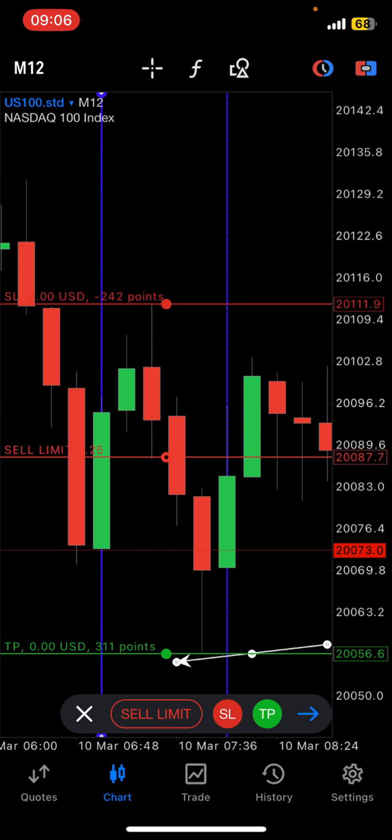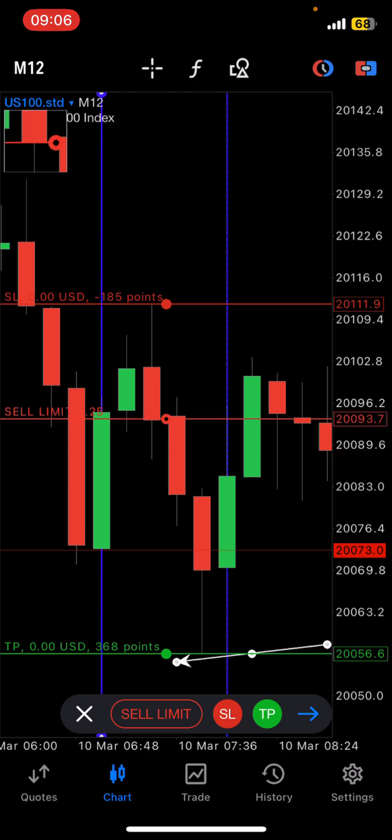Doing this with me won't really get you to trust this. You have to do it yourself so that you can get to trust it. That's another winning trade. You're risking 177 points, and then you got 376 points.